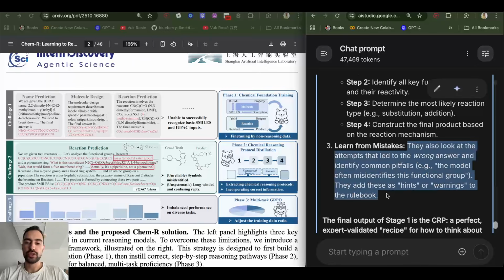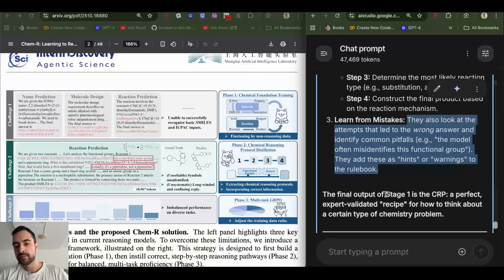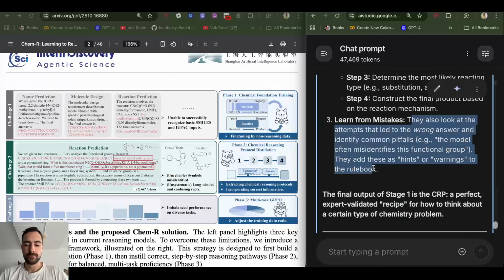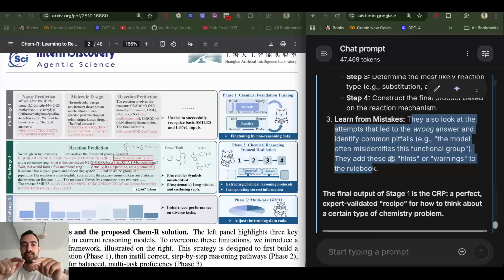So, don't do this, don't reason like that. The result is like a recipe on how to reason for specific groups of problems that also includes these things like don't do this, don't do that. And it's all written in text.